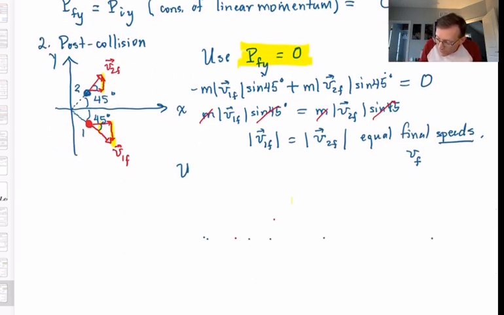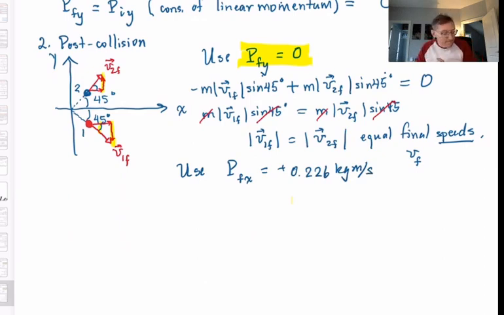So now I will use what I already learned, that P final x must equal P initial x, which is positive 0.226 kilogram meter per second. All right, so here we go. We're going to require P final x equal that. Where do I get the P final x for the system? Well, both particles have velocities with x components, so both particles have an x momentum after the collision.